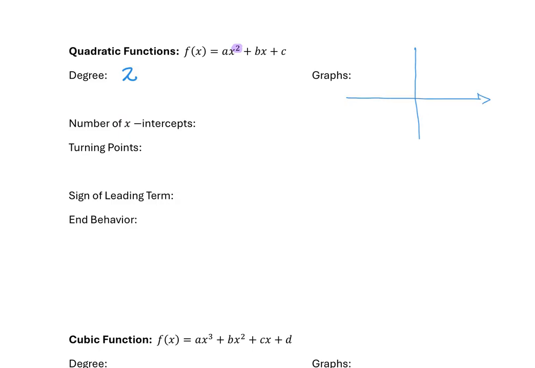The first one we're most familiar with is a quadratic function that looks something like this, and we have 2 x-intercepts. So that is our first possibility. We can have 2.